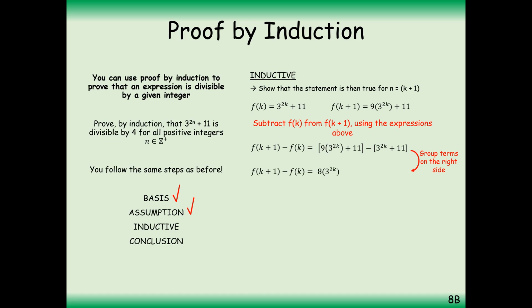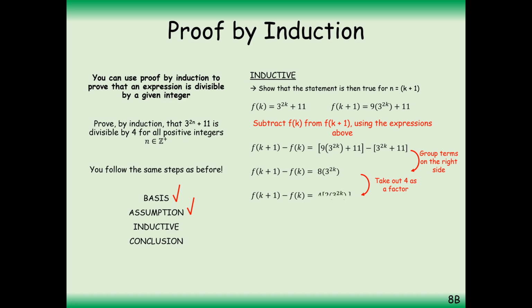Now, what's so great about this is that we can write 8 as 4 times 2. And what you can do on this step is to write f of k plus 1. Now what we have on the left hand side is a negative f of k, and by assumption, that was already divisible by 4.